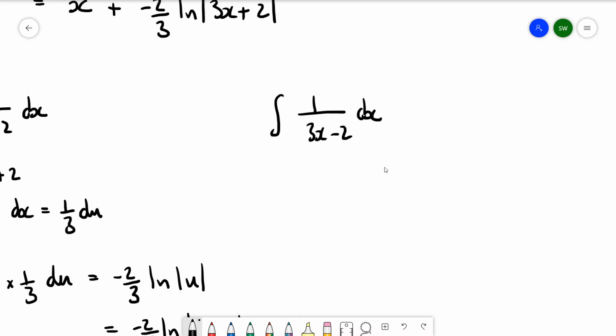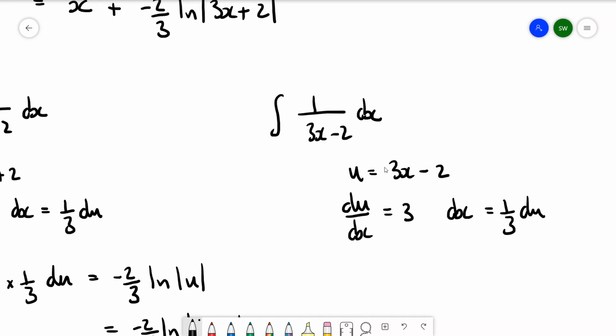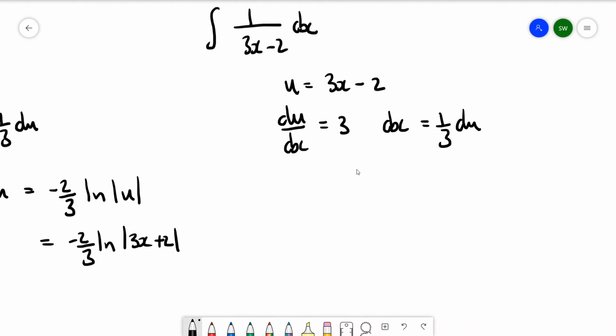So if we do a formal substitution, we're going to say u is 3x minus 2. So du by dx is equal to 3, which tells us if we rearrange this, we're going to get dx is 1/3 du. So when we integrate, we're going to have the integral of 1 over u times 1/3 du, and that's going to be 1/3 times the integral of 1 over u.